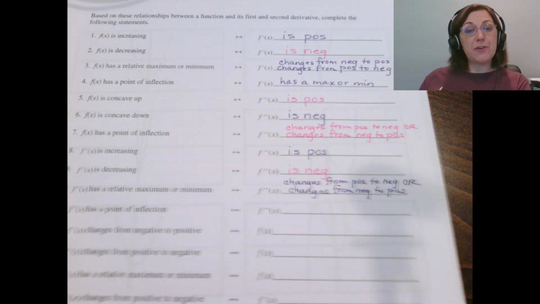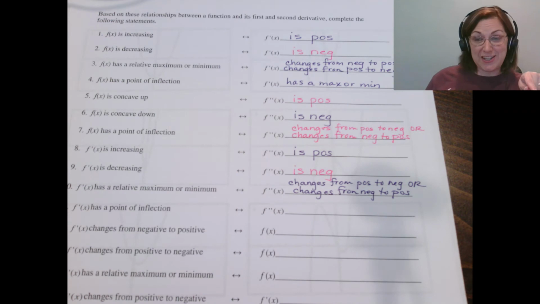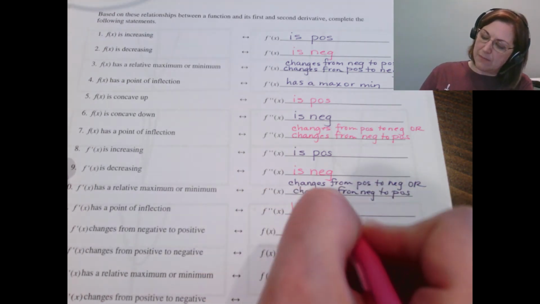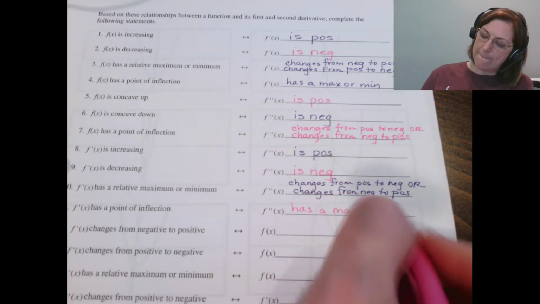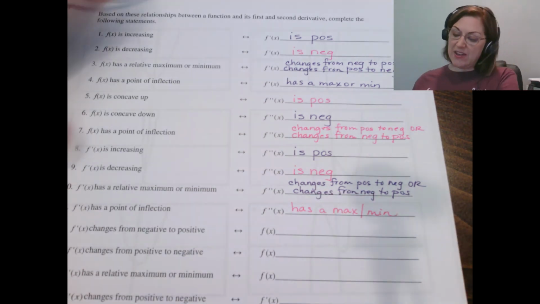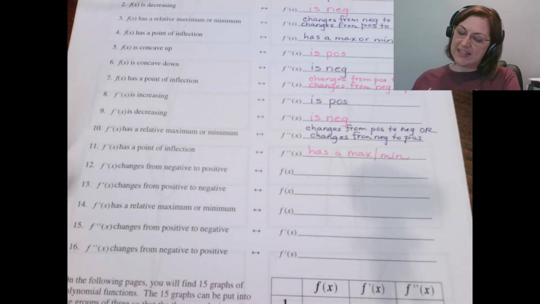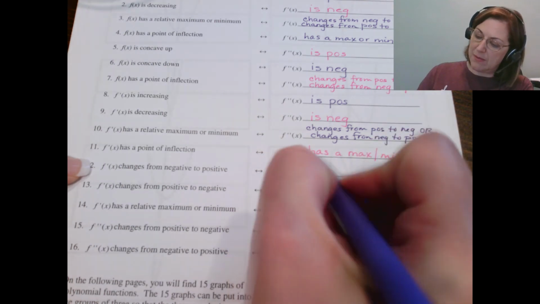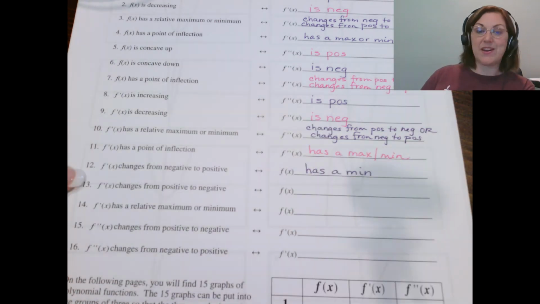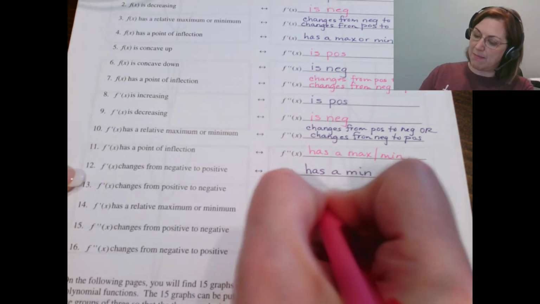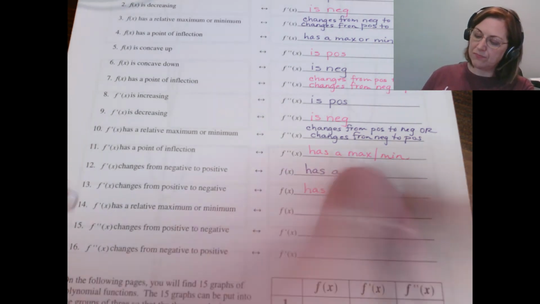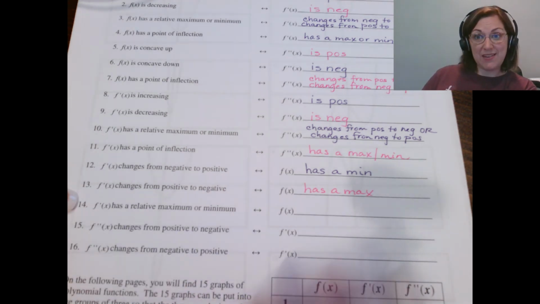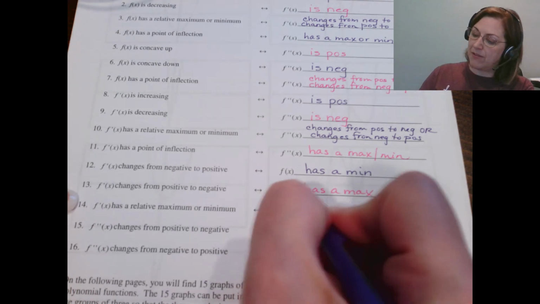Okay, if the first derivative has a point of inflection, the second derivative has a max or min. Now if the first derivative changes from negative to positive, the function has a minimum. And vice versa, it has a maximum. If the first derivative has a max or a min, the function has a point of inflection.